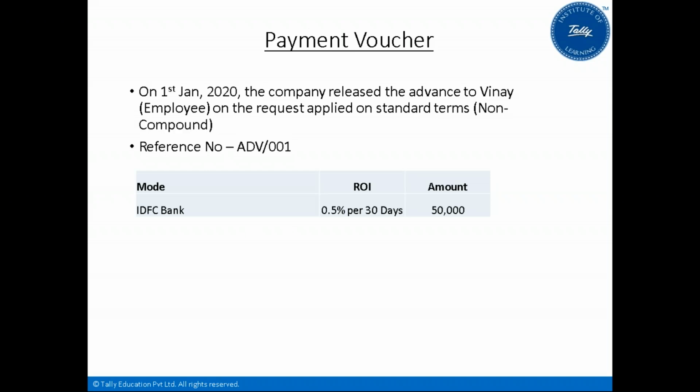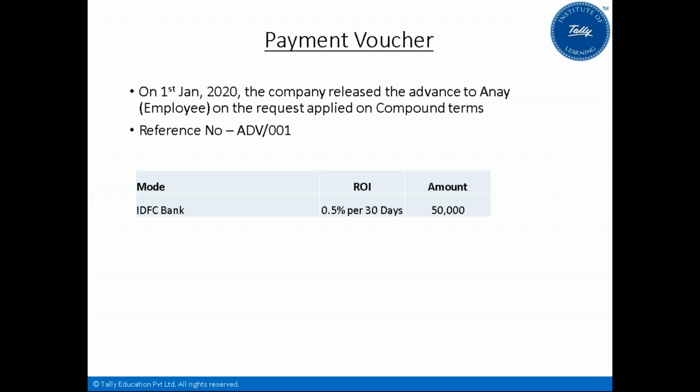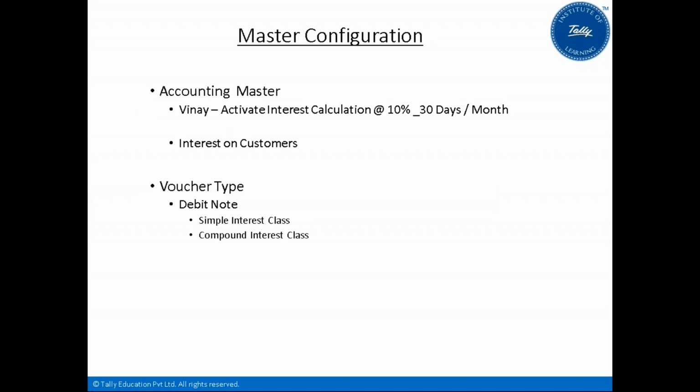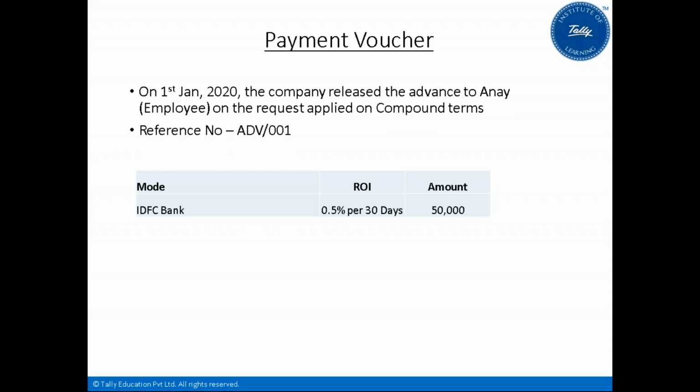One is the advance given to Vinay, an employee, and the next is to Anay. So Vinay and Anay, but Vinay is non-compounded, while Anay has compound interest. I have kept the rate of interest, the number of days on which the interest needs to be calculated, and the amount the same so that you can see the difference properly.